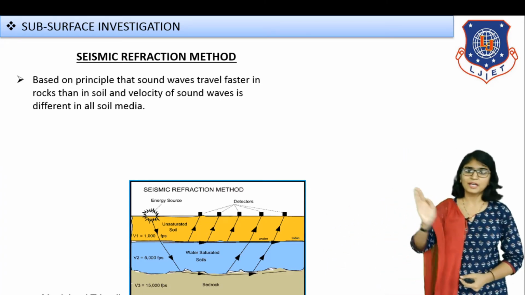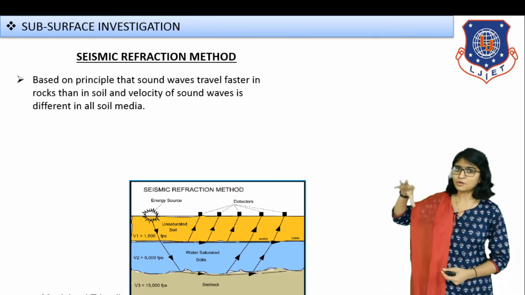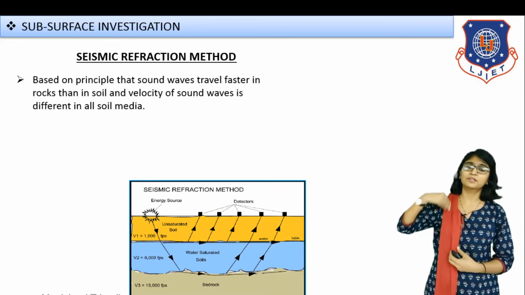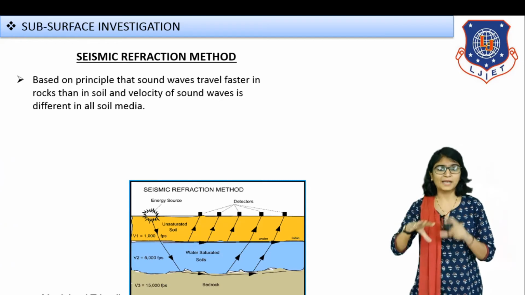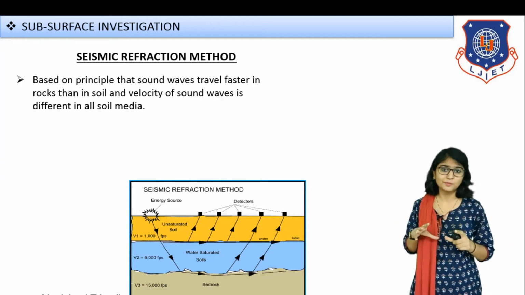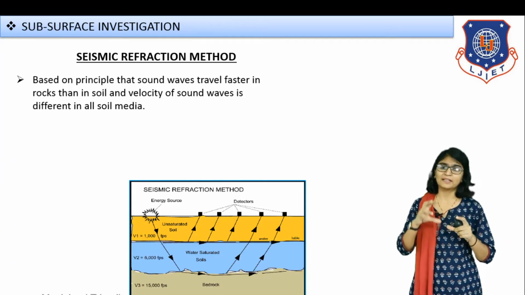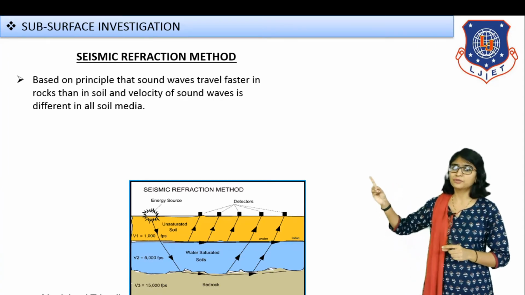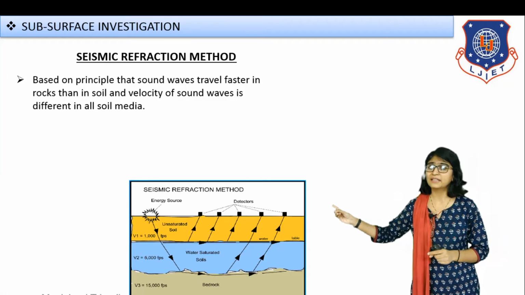Now what will happen over here is, a shock wave is produced. How do you produce a shock wave? It will be done with the help of a blast with explosive, or you can say with a plate and a hammer. You will produce shock waves, which you can see written at the energy source.